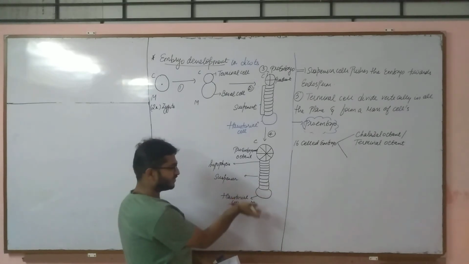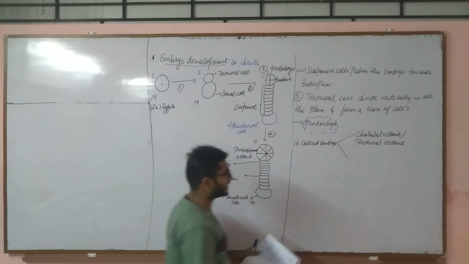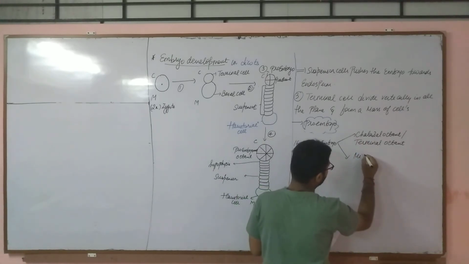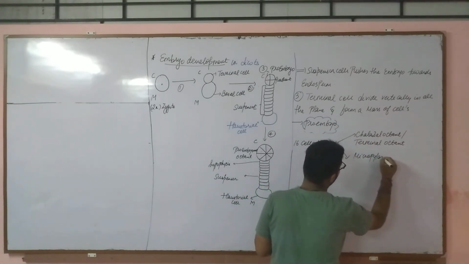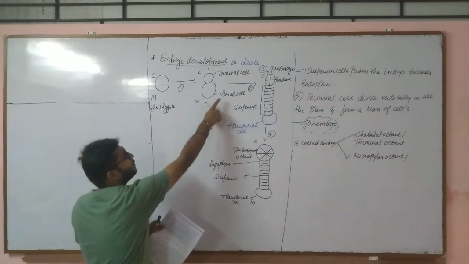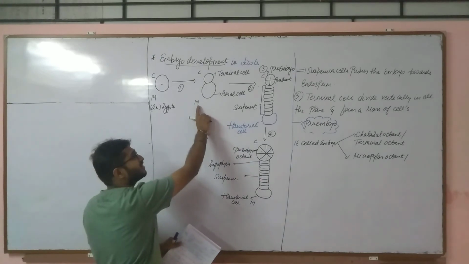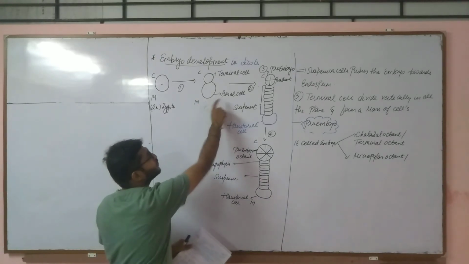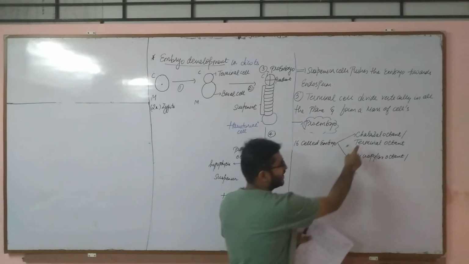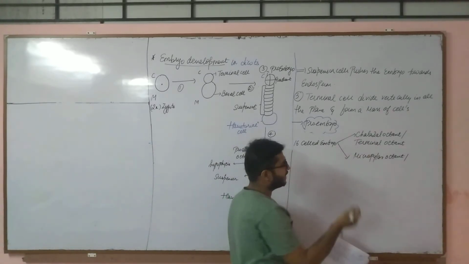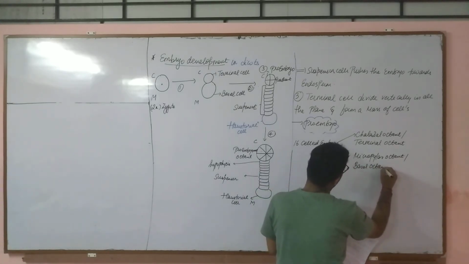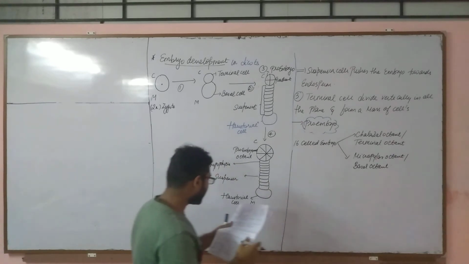And the one which is located towards the micropylar end is called the micropylar octet, or you can also say basal octet, because initially the cell which was located towards the micropylar end was the basal cell. So chalazal octet or terminal octet, micropylar octet or basal octet. Very simple to remember also, right?